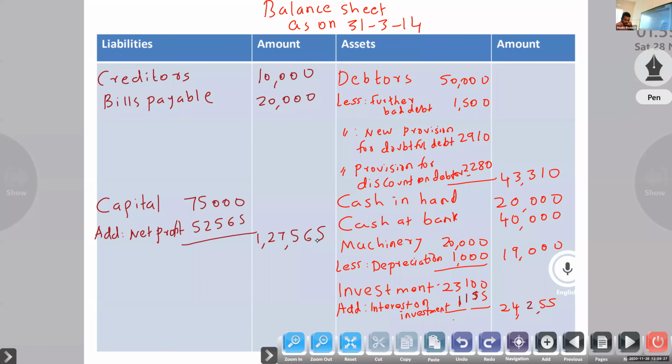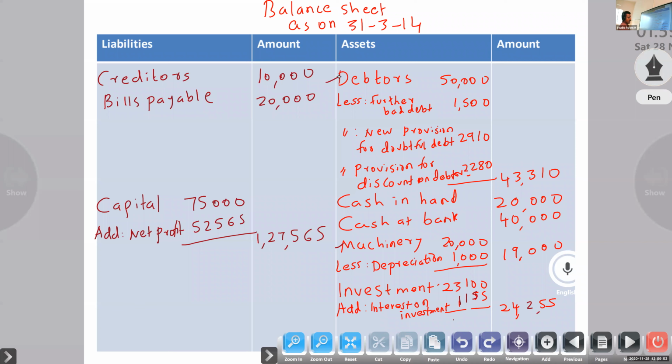Now, after looking at the trial balance, next we have to look at the adjustments. Each adjustment you have to look at. First, depreciation we wrote. Next, further bad debt, provision, discount on debtor we wrote. Wages prepaid, that we didn't write. Wages prepaid, where will it come?